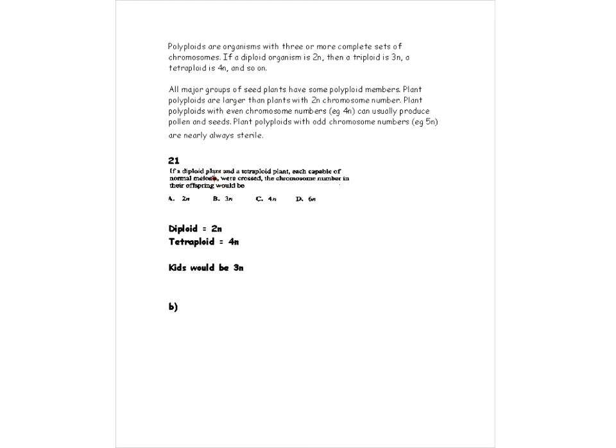Tetraploid is 4N. So this here says if a diploid plant and a tetraploid, in other words, if a 2N and a 4N plant were crossed, the chromosome number in their offspring would be, okay, so the offspring is going to be 3N, so it's halfway between the diploid and the tetraploid. Okay?